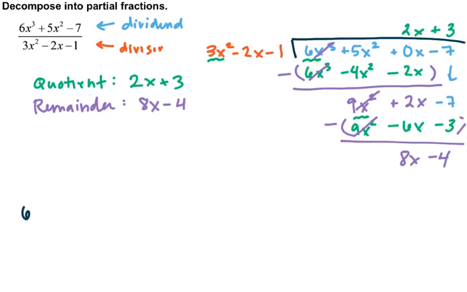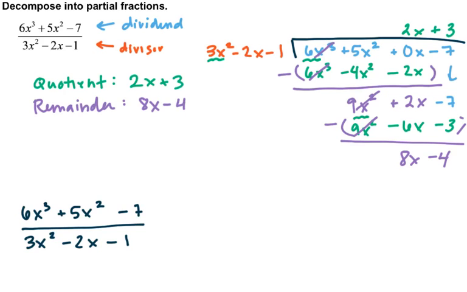So my original rational expression that I started with can now be written in a different manner, which allows me to then decompose partial fractions. So the way I'm going to write this is I'll write my quotient, 2x plus 3, and that's going to be plus my remainder, 8x minus 4, over my original divisor, which was the 3x squared minus 2x minus 1.